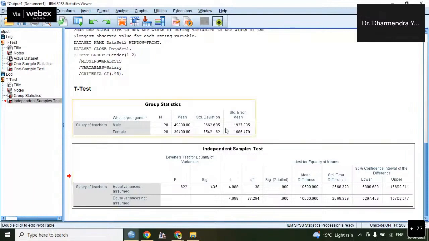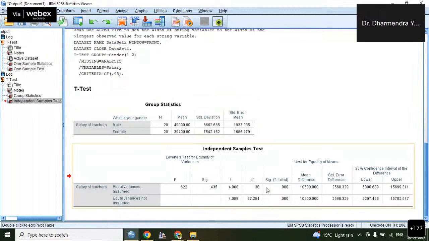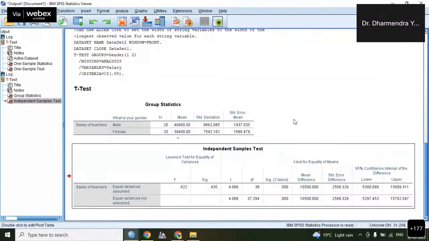Because this is 49,900 and this is 39,400, there is a difference, and our p value is 0.000. So therefore our null hypothesis will be rejected.